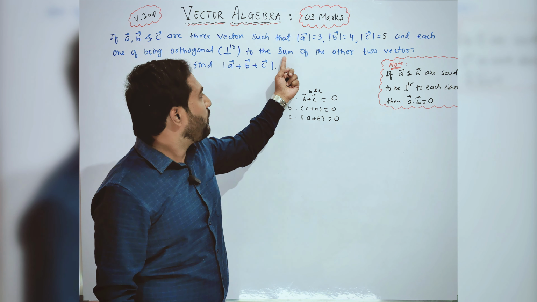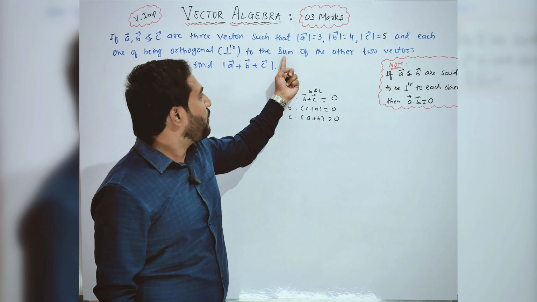From these three equations, what can we write by combining them? A dot B plus B dot C plus C dot A is equal to 0. This is another equation. Because the terms in each addition are 0, combining, all three are equal to each other, and their sum will always be 0. Directly you can say A dot B, B dot C, C dot A is equal to 0.